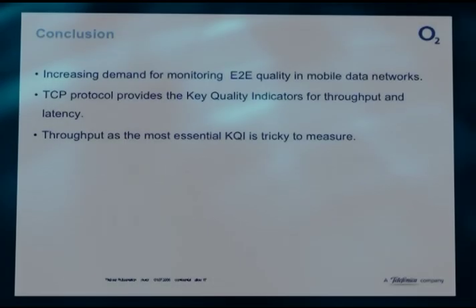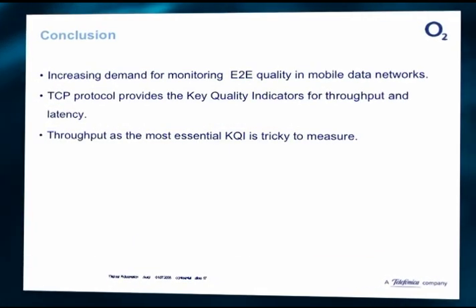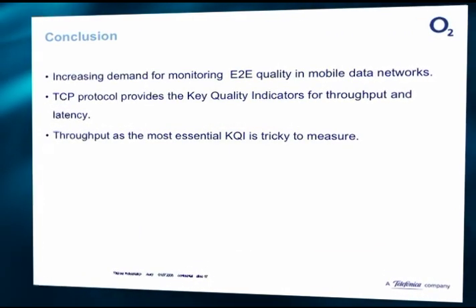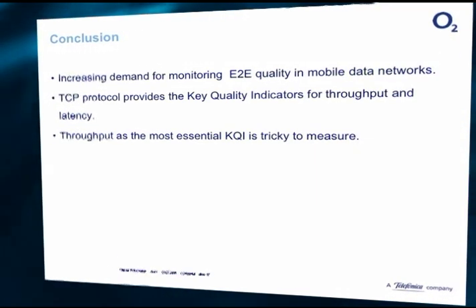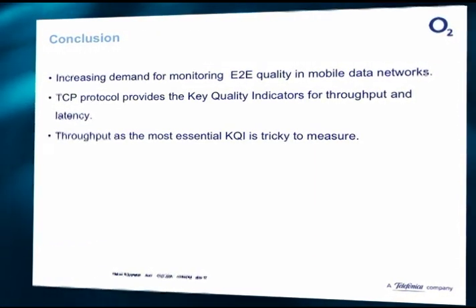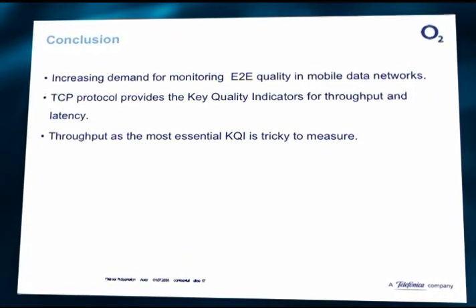So this should be quite a short example to show you that measuring quality out of the network is not an out-of-the-box solution. You have to get experience with it, and you also have to improve the measurement methods.